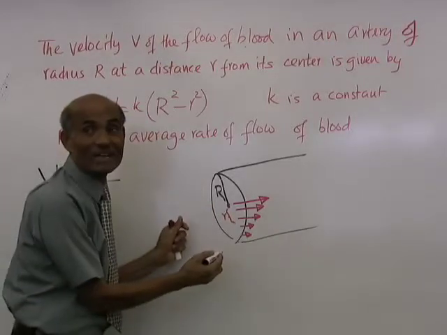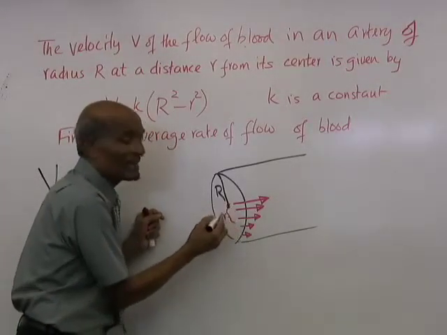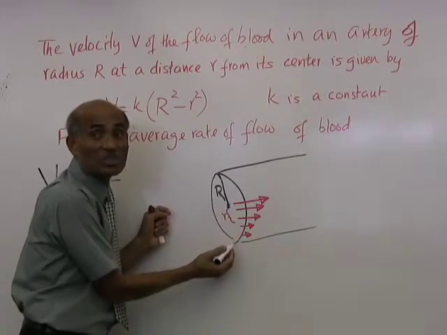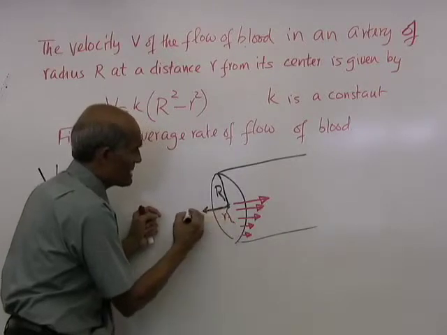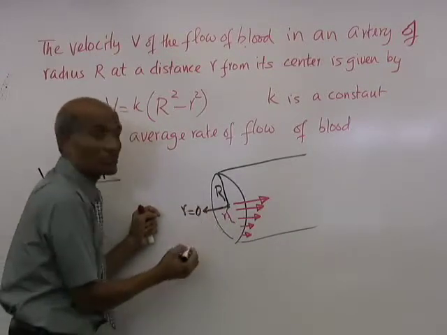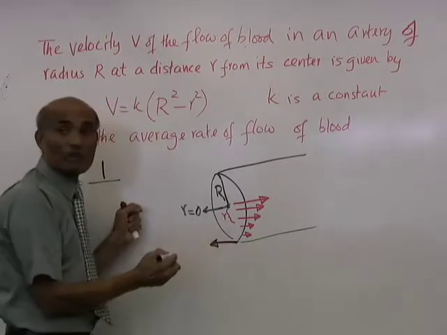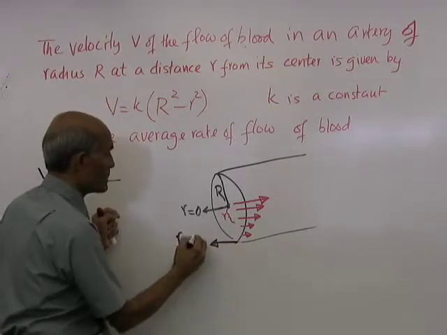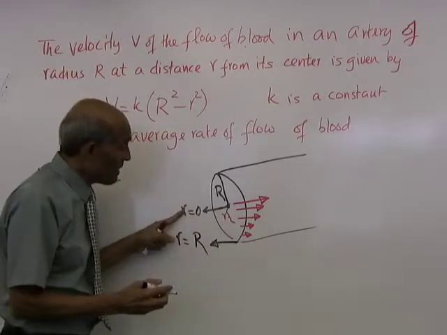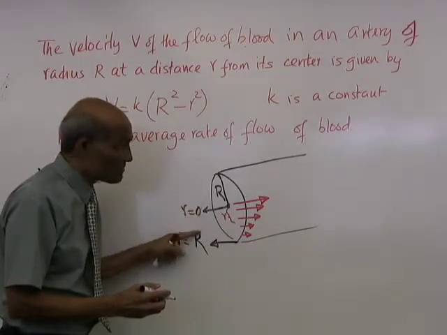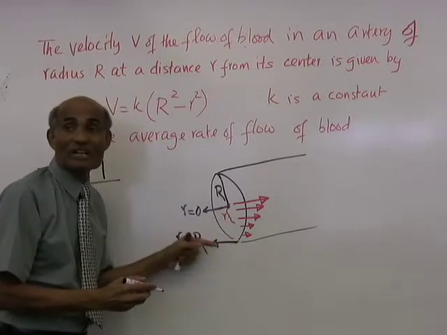What are our limits here? What are the values where r can change? At the center, r equals 0, and at the wall of the blood vessel, r is the same as the radius. That means r changes from 0 to uppercase R. So that is our limits of integration.